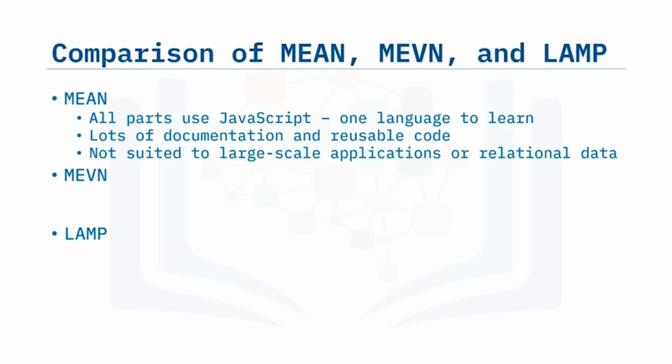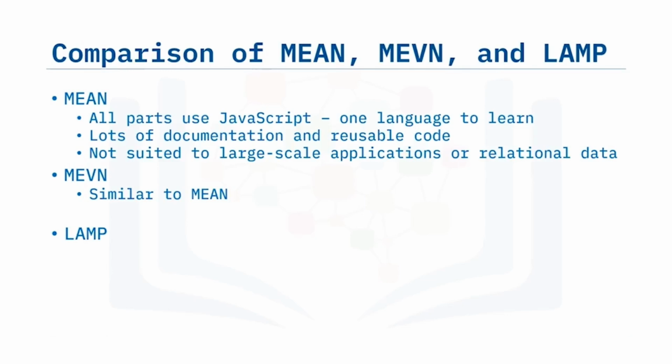However, the mean stack may not be well suited for large-scale applications. When using Express.js, the business logic often resides on the server, preventing the reuse of some services, like batching operations. And MongoDB is great for unstructured data, but it doesn't provide the same level of functionality as a relational database.